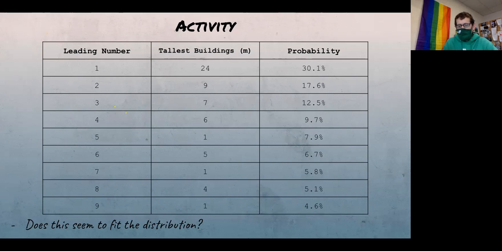They just looked at Chicago, I think. If there's 1,000 voting precincts in Chicago, then you should see 30.1% of them with, as far as number of votes for Biden, let's say, a leading number of 1, and so on. Is that making sense?